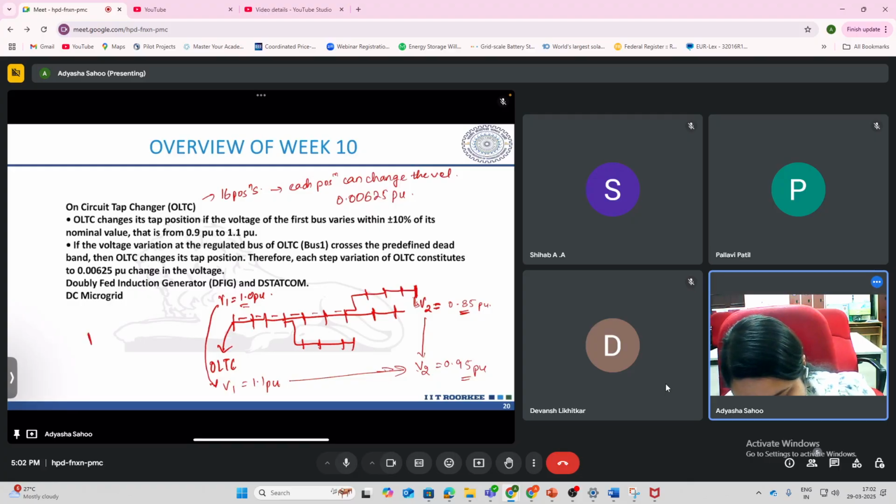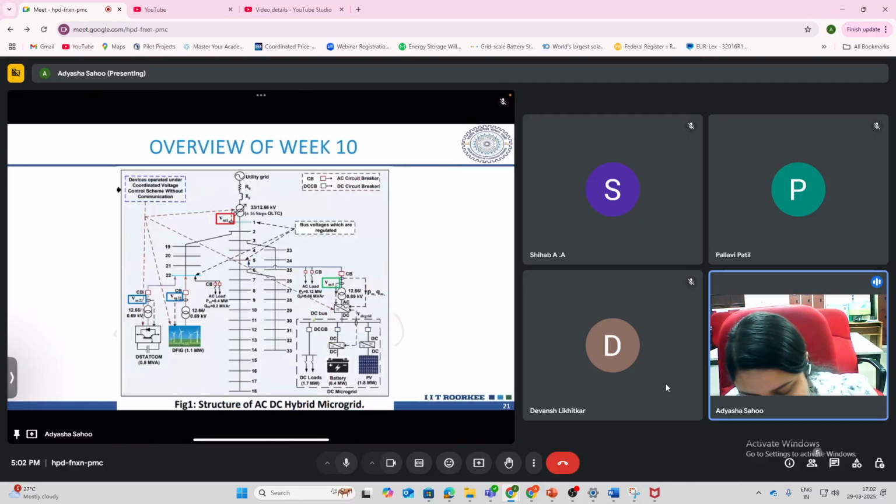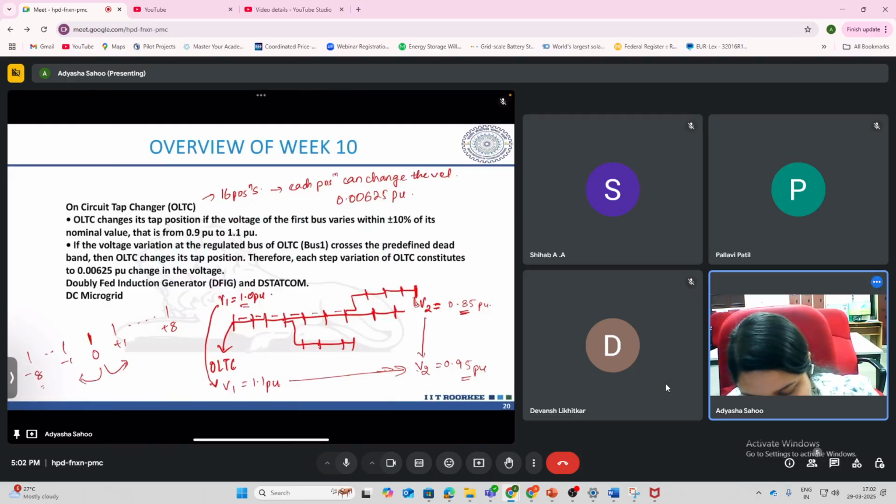This means if this is tap position 0, then 1 is plus 1, minus 1, up to plus 8 and minus 8. So either you can increase by this 0.00625 per unit value, or you can decrease the voltage also, in both directions.